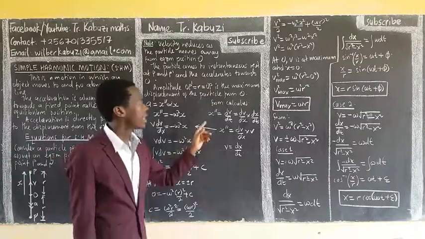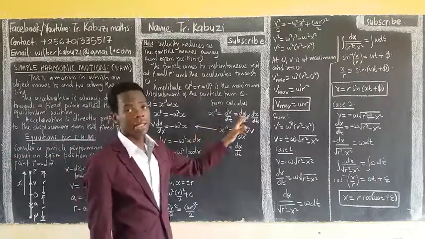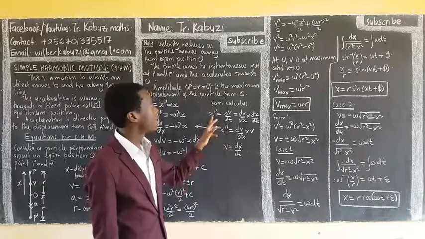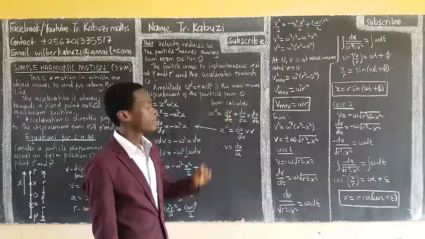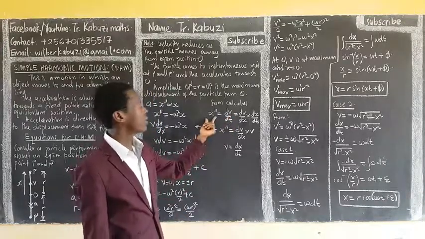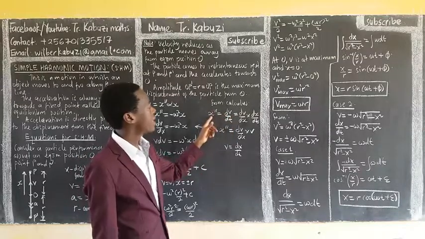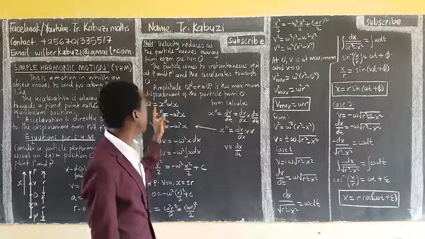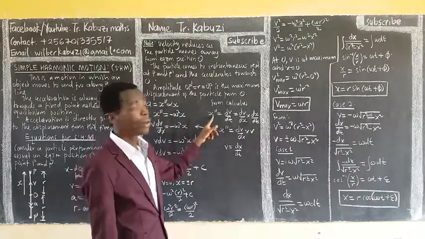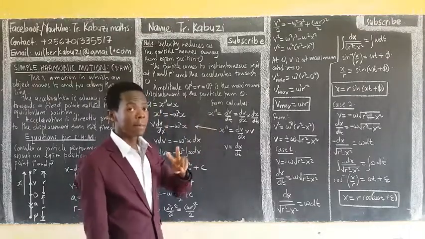Now, remember from differential calculus, to get acceleration, you differentiate velocity with respect to time. But this acceleration we are having is equal to differentiating displacement twice with respect to time.